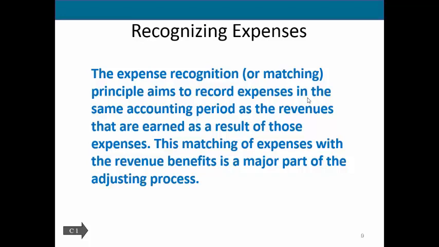And we do not recognize revenue until we have fulfilled all of our obligations. On the other hand, when we recognize our expenses, we use what we call the expense recognition principle, or more commonly, the matching principle. With the matching principle, the goal here is that we will record expenses in the same accounting period as the revenues that those expenses helped us to earn.